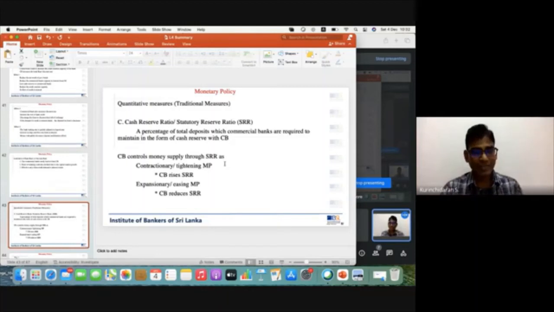On the other hand, if you want expansionary monetary policy, that means you are going to expand the money supply. It may also be called easing or relaxing monetary policy. If you go through the press releases, it would say expansionary monetary policy or easing monetary policy. That means you are going to reduce SRR here. So through the statutory reserve requirement, you can manipulate the money supply as well.